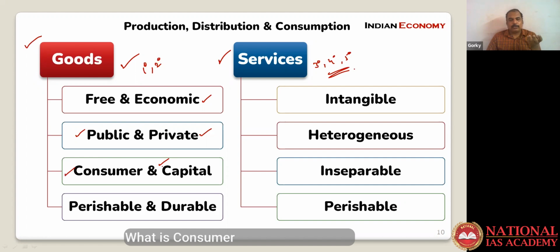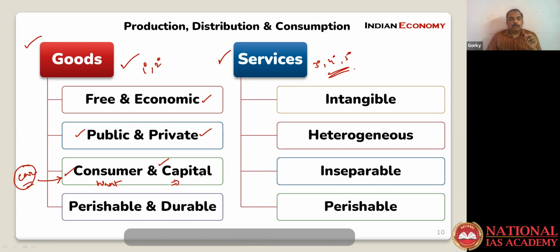Then we have something called consumer goods and capital goods. What is a consumer good? A consumer good is consumed by an individual or a group of people, whereas a capital good will not be directly consumed by the people. So here it will satisfy the want, whereas here it won't satisfy the want. Say, for example, I want to buy a car. The car is a good and a consumer good.